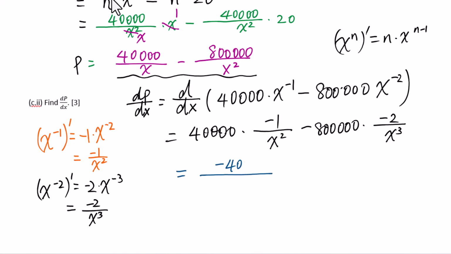Negative 40,000 over x squared. Negative negative is a positive. 2 times 800,000 equals 1,600,000 over x to the third power.